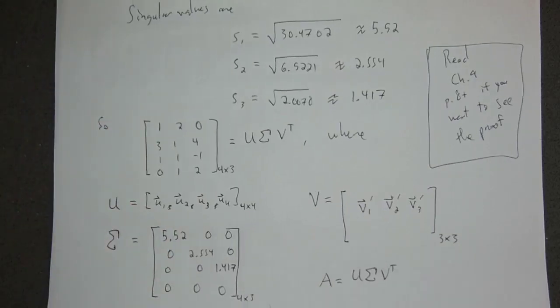So if you want to see exactly why this works the way that it does, at least for the square case, then you should read that. I'm not going to go over that because our entire use of this is going to be purely in its application. So out of chapter 9, the only thing I care about is that you understand how to write down the SVD of any given matrix. Okay.